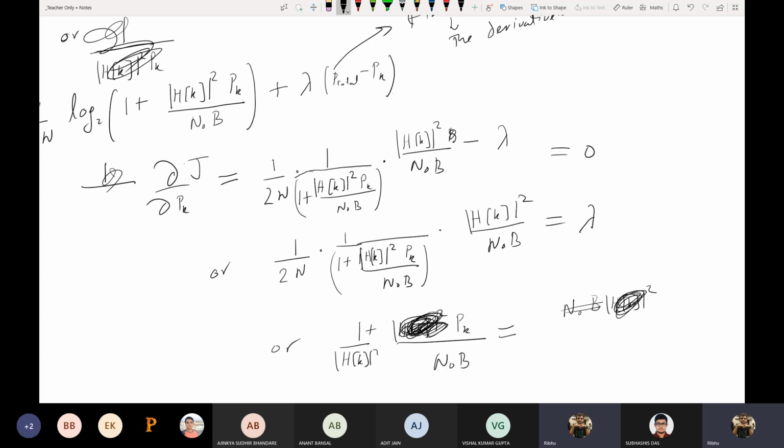Let's keep the dependence on k on the left hand side.